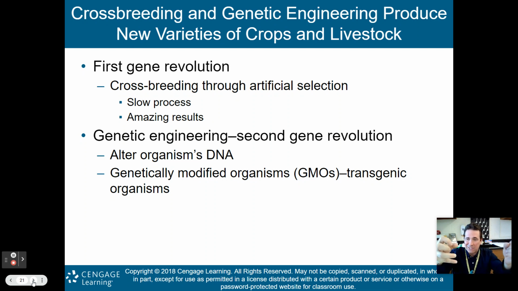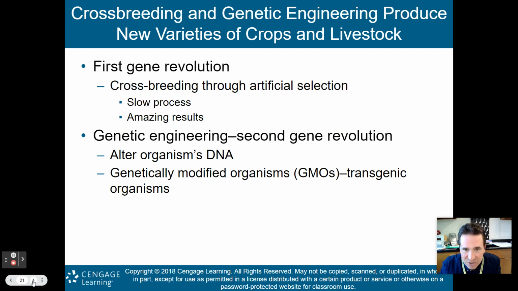I take a seed from this plant, I merge it with some pollen from this plant, and over time I select the tomato plants that grow that nice medium-sized tomato I want. Whatever plant produces the perfect medium-sized tomato, that's the seed I use to plant the next plant, et cetera, et cetera. Over time, you can get a nice medium-sized tomato. So the results are amazing, but it's a slow process, over generations and generations of that plant.